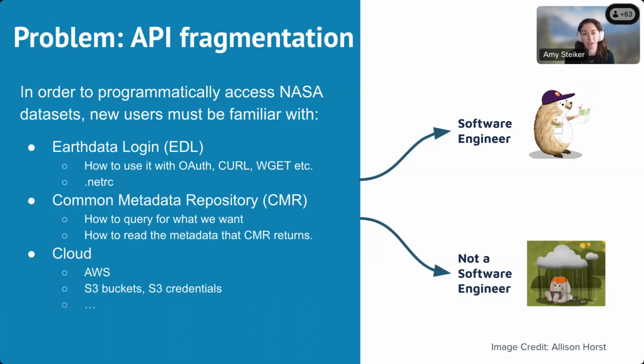We all very much live and breathe this large ecosystem of complex and disparate APIs that we all support together. So we have Earthdata Login, we have the Common Metadata Repository, and again, with cloud adding this new variable and new tool set to their workflow to learn and understand.